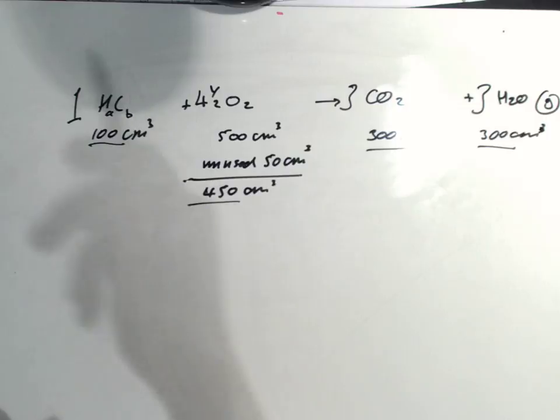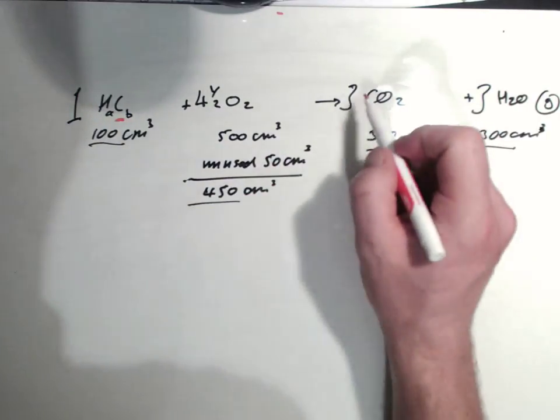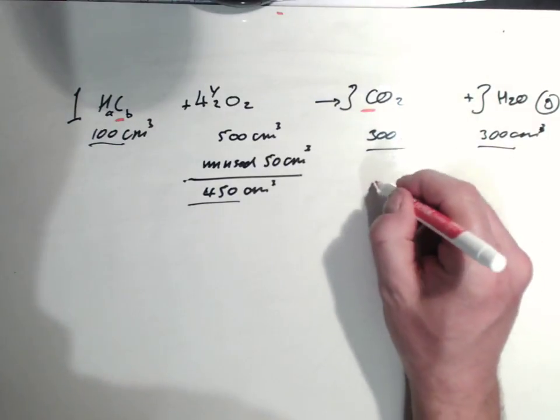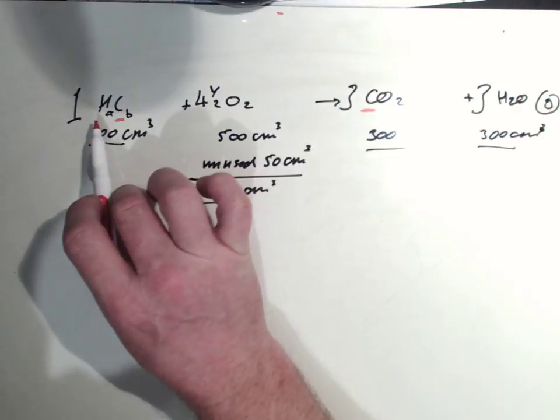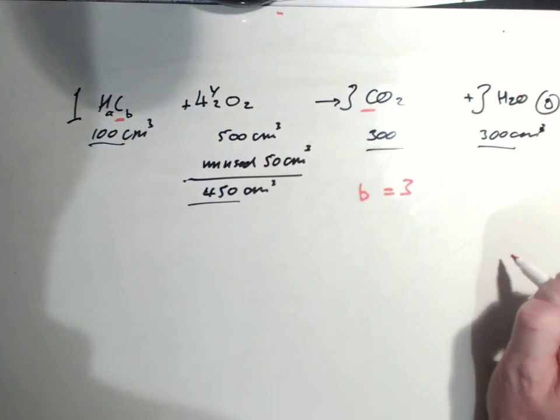Now, of my hydrocarbon, the only source of carbon on the left is from the hydrocarbon, and on the right is from the carbon dioxide. So therefore, the 3 carbons that are here have got to come from 1 mole of this, so B must equal 3.